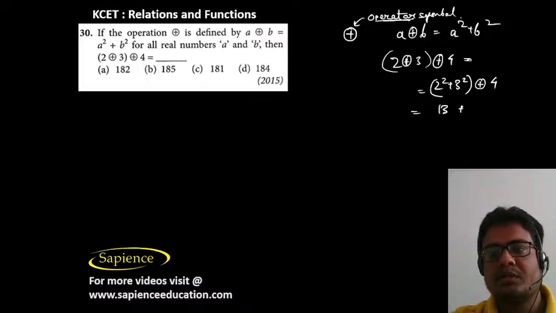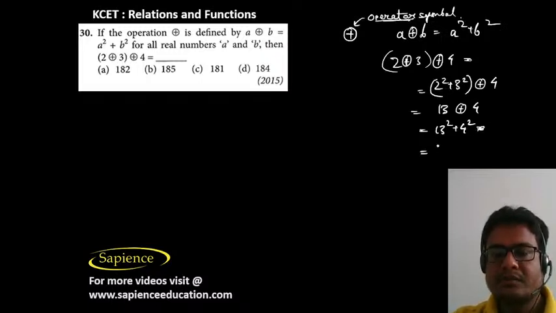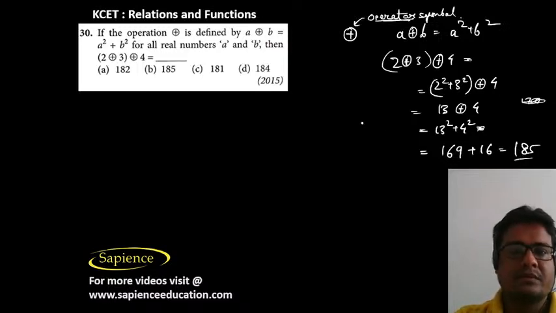So 13 operator 4 is equal to 13 square plus 4 square, that is 169 plus 16. So 9 plus 6 is 15, 6 plus 2 is 8, so 185. So option B is the correct answer.